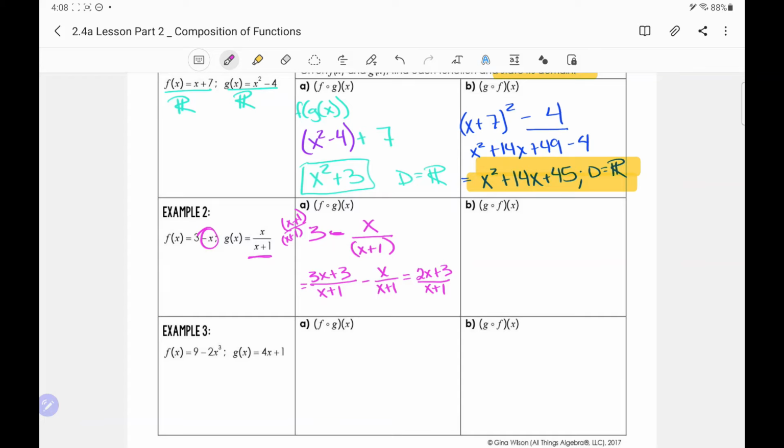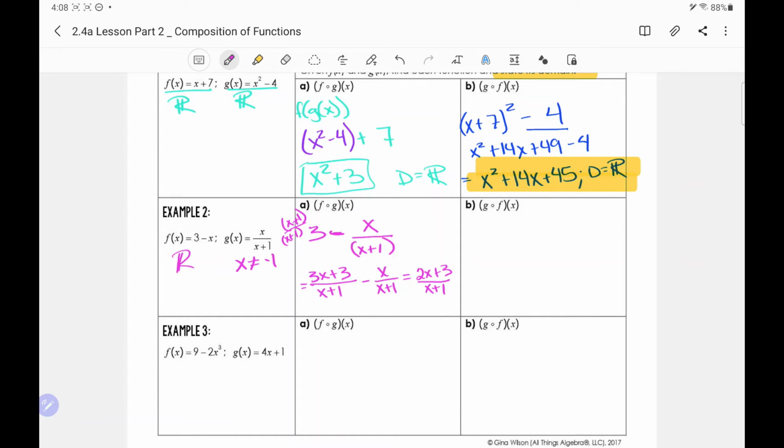What do we know about our domain? Well, we know that the domain of f is all real numbers, so that's helpful. But in this case, we've done a composite with g of x. What limits do we have on the domain of g of x? Remember, we cannot have the denominator equal to 0. So for g of x, x cannot equal -1, right?